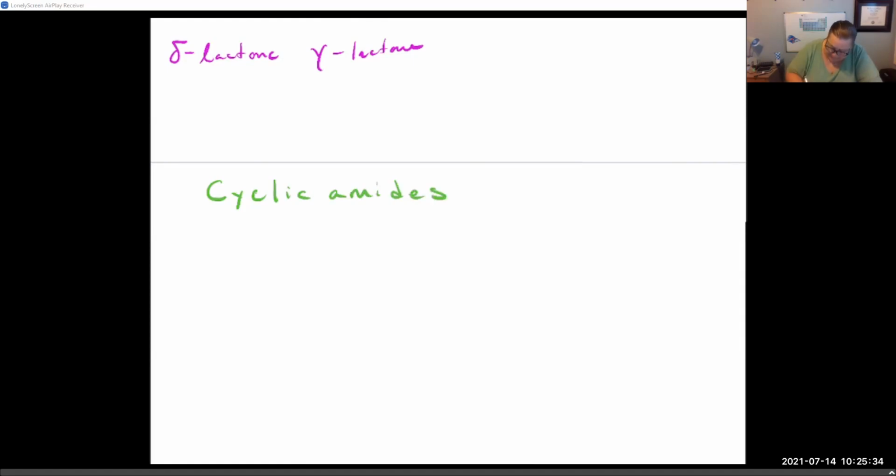They come in the same flavors as their cyclic esters, only they are called lactams.